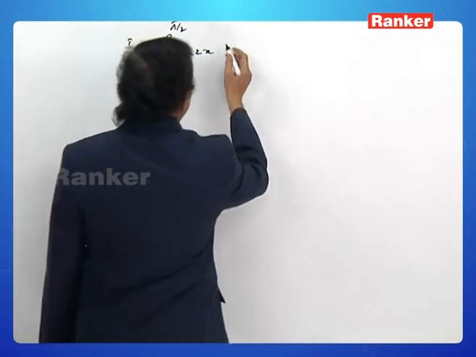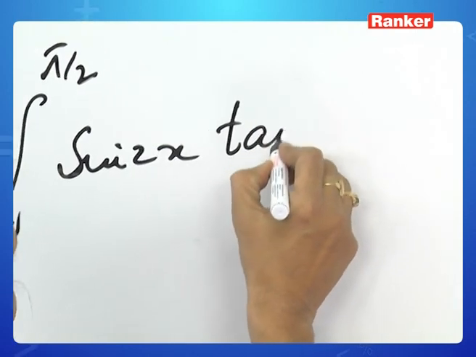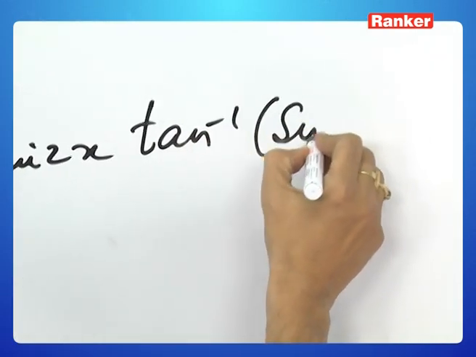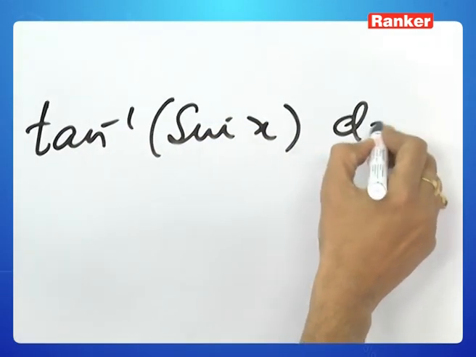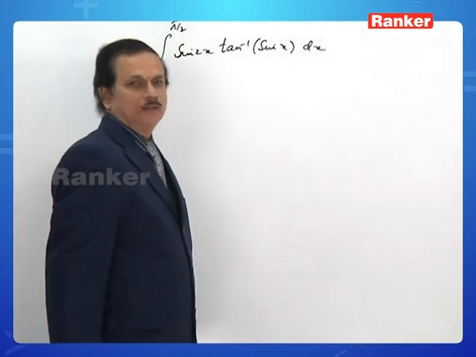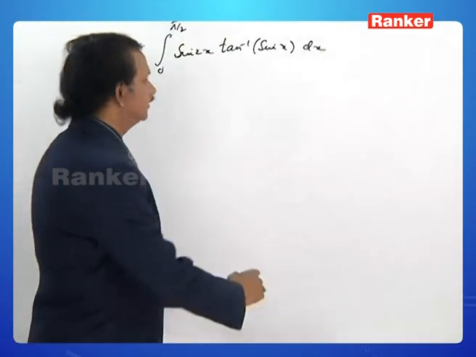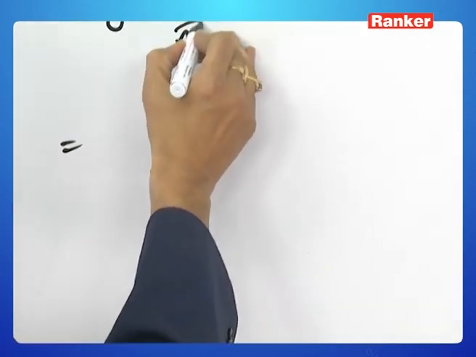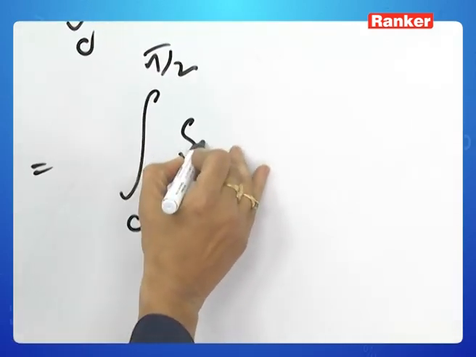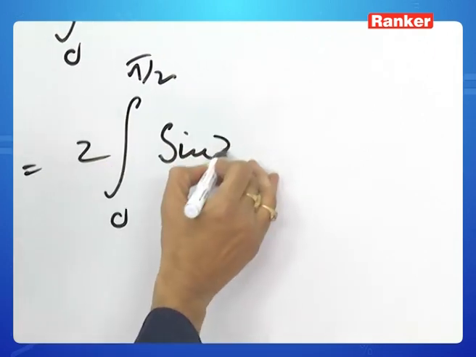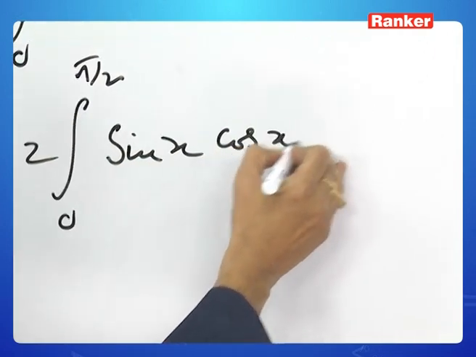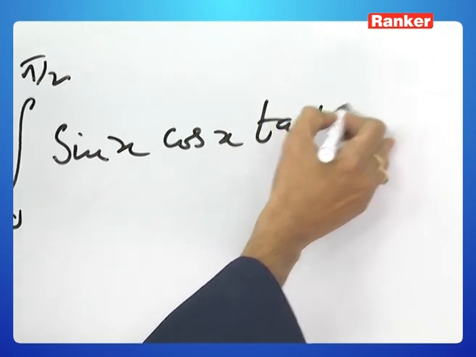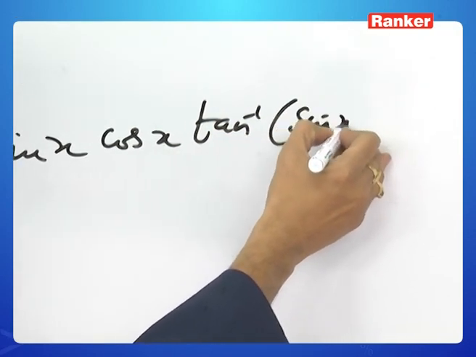Now the present problem is sin 2x into tan inverse of sin x dx. How to tackle that? This is equal to integral 0 to pi by 2, 2 sin x cos x into tan inverse of sin x dx.